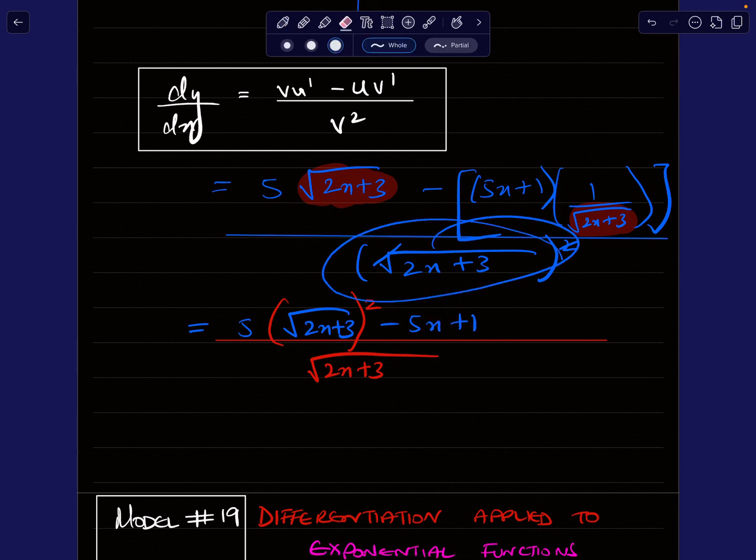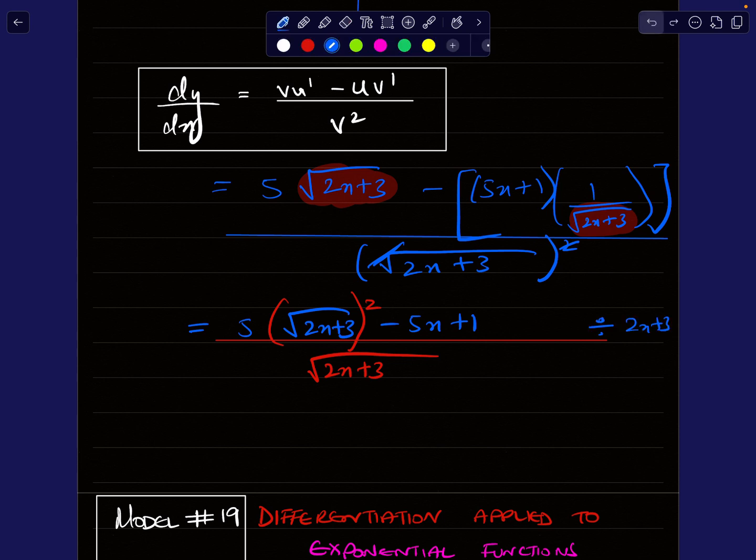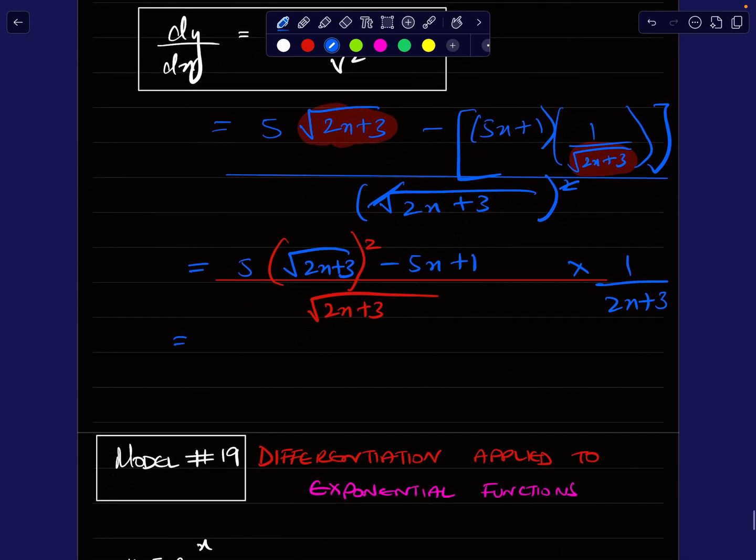And this denominator, 2x plus 3, since the square cancelled off with the square root, can be written as divided by 2x plus 3. Since whatever comes after the division sign is reciprocated and multiplied with the expression, I can write this as this. And this would lead me to my final simplified expression.